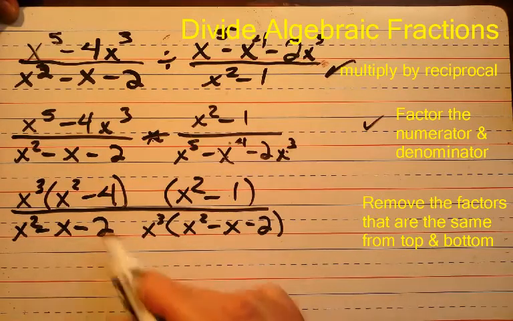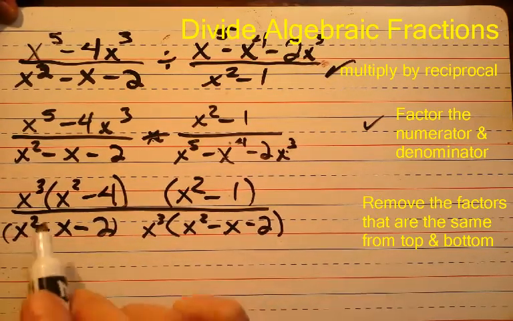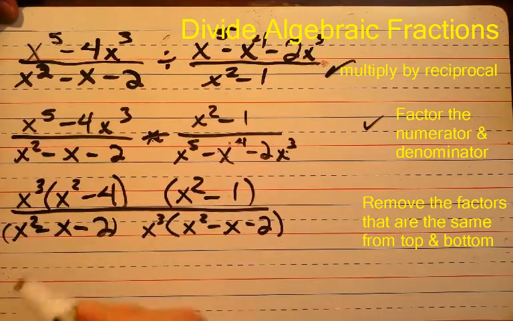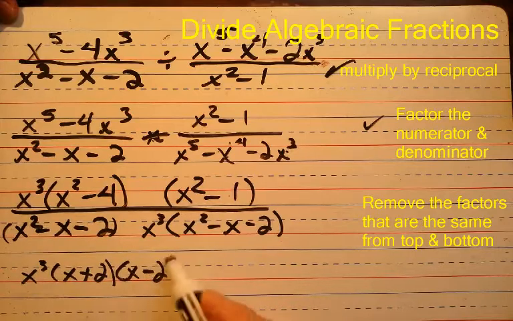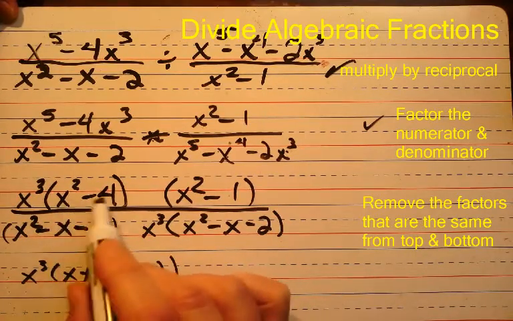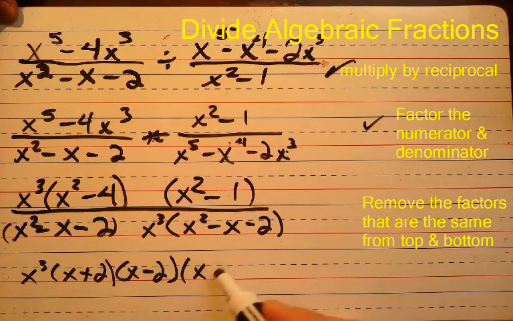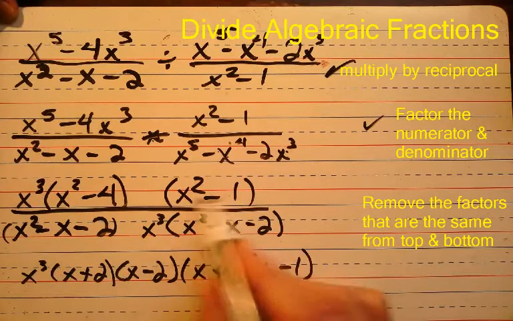Look, these two are the same. But I can't do anything with that. So I have to factor the top and factor the bottom and see if anything cancels out, right? So let's see. X cubed, x plus 2, x minus 2, because see, that's a special case. This is the same kind of deal. X plus 1, x minus 1, that's a special case.